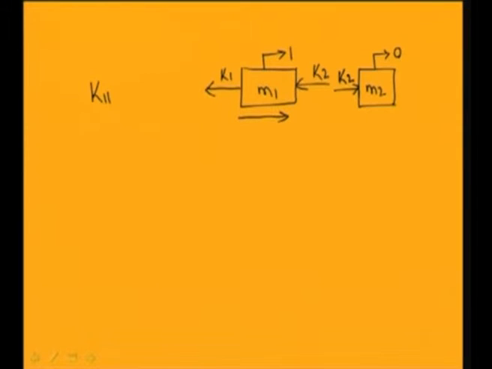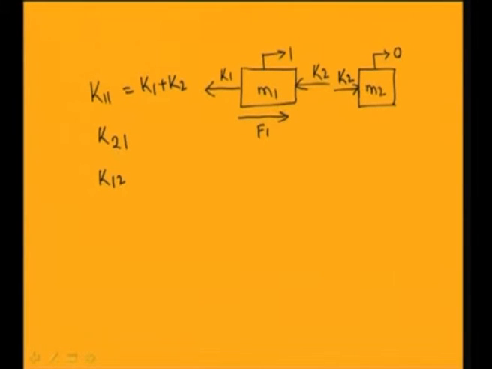So this is F1 or K11, which is equal to K1 plus K2. Similarly, K21 is the force required at 2 to have unit displacement at 1, and K12 is the force required at 1 to have unit displacement at 2.